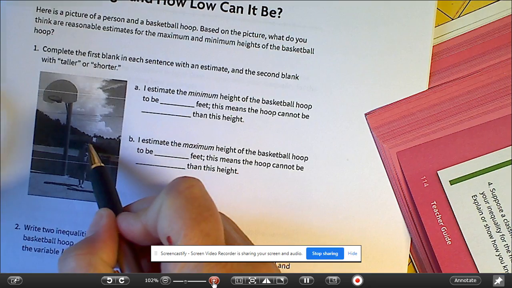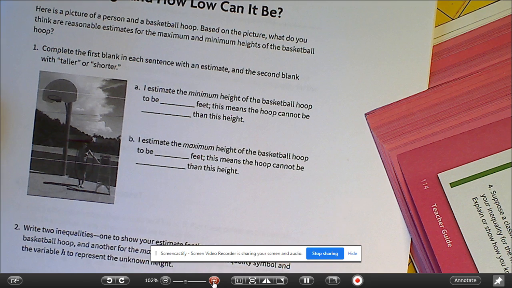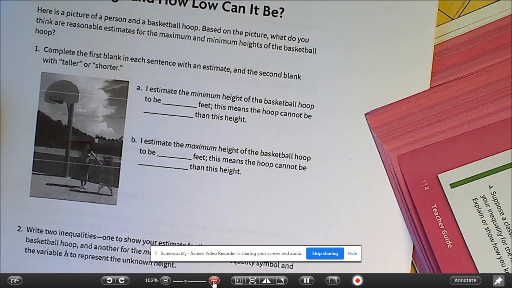It's hard to see it, but there's the person and a basketball hoop. Based on the picture, what do you think are reasonable estimates for the maximum and minimum heights of the basketball hoop? Complete the first blank in each sentence with an estimate and the second blank with taller or shorter.